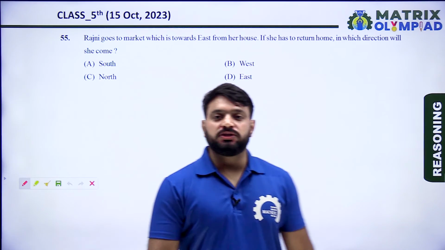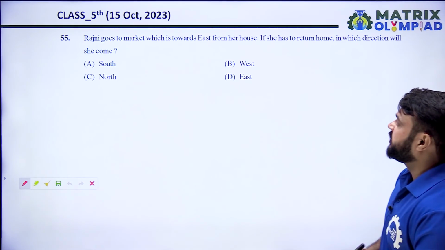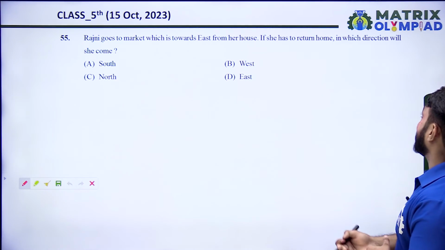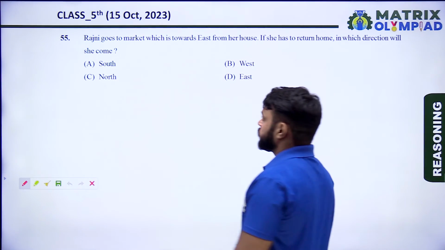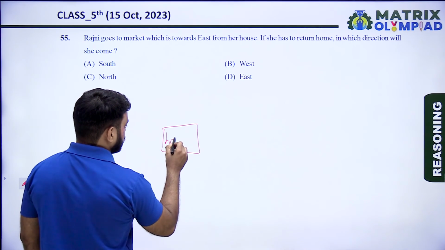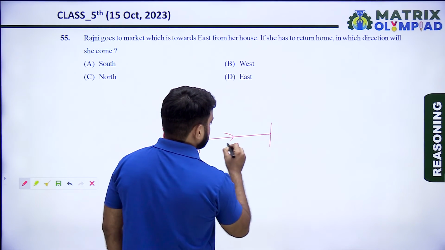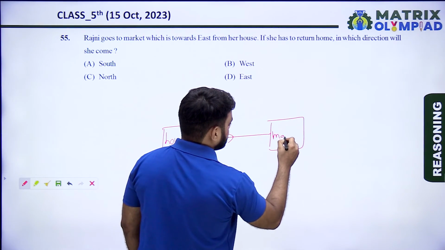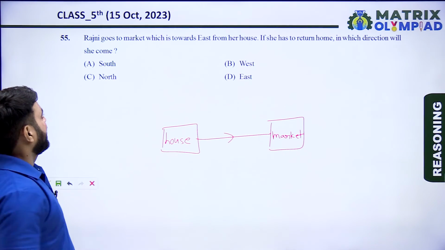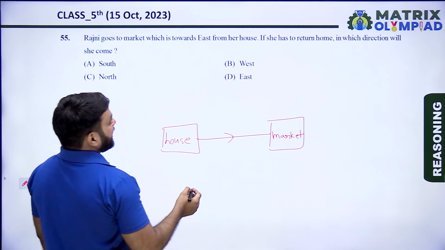So next question is question number 55. Rajni goes to market which is towards east from her house. If she has to return home, in which direction will she come? So Rajni goes to market from her house in the east direction.